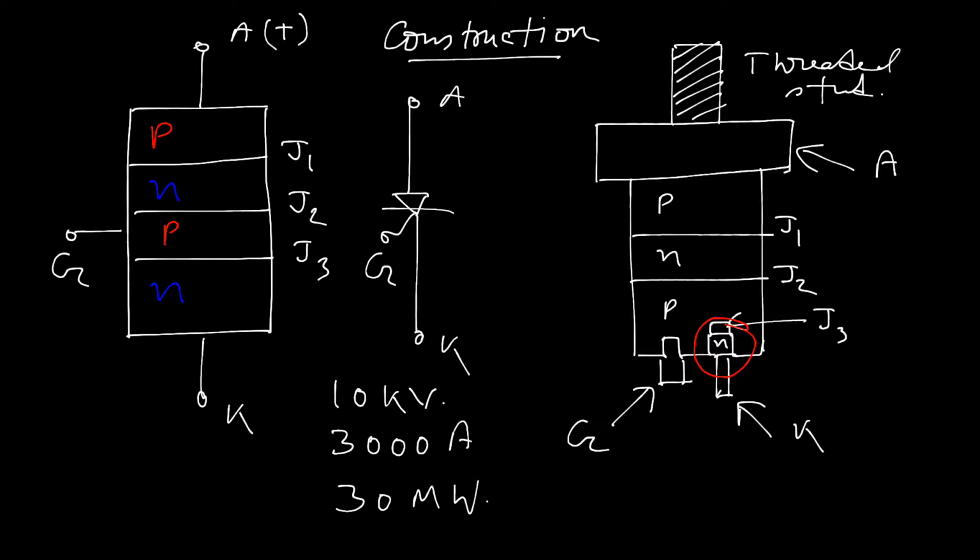That is why there is a tendency for a depletion layer to form. Initially, when the anode has a small amount of voltage with respect to the cathode, a depletion layer is formed across junction J2.